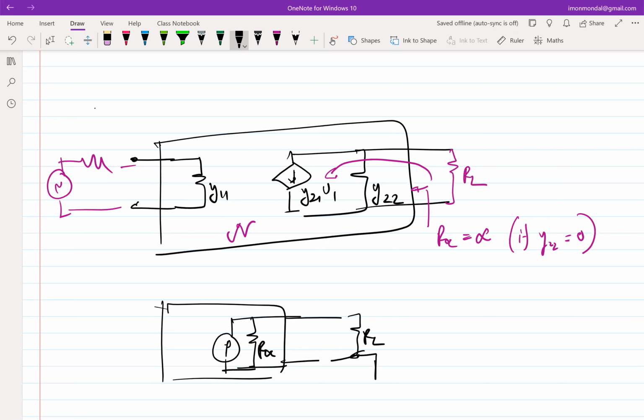Which means that regardless of whatever you have connected across the voltage source, the voltage source is able to give that voltage regardless of whatever load conditions you have applied at the output of the source.